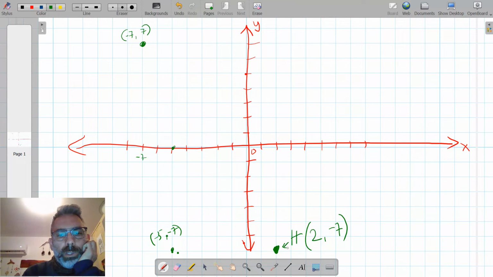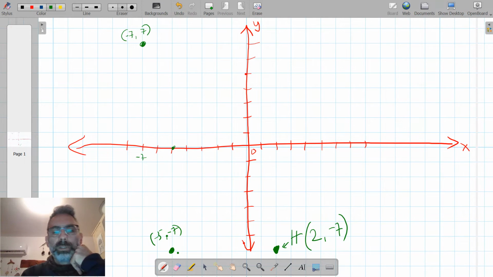The distance here is also 7, because on the x-axis this point is 2 units to the right of the y-axis, and this point here is 5 units to the left of the y-axis.